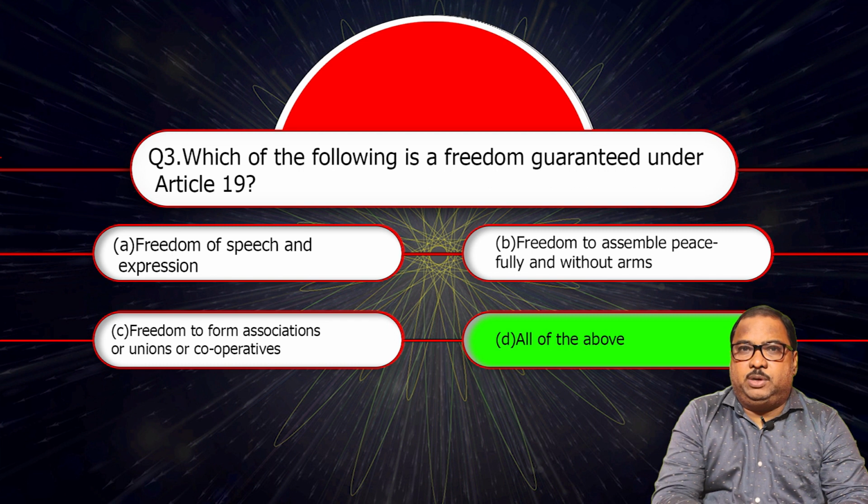So these are the 6 freedoms granted to Indian citizens under Article 19. So your answer will be all of the above.